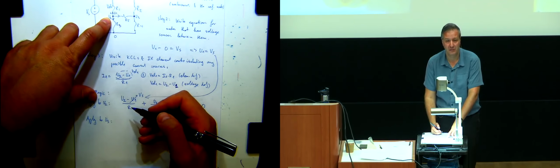So here, what I'm going to write for this current up. For this current up, what can I write? What's the ratio? Yes, U3 minus U1 over R2. So it's U3 minus U1 over R2.